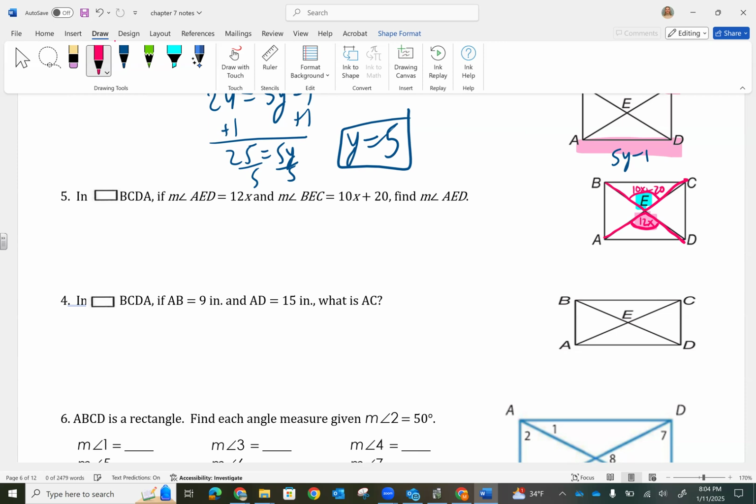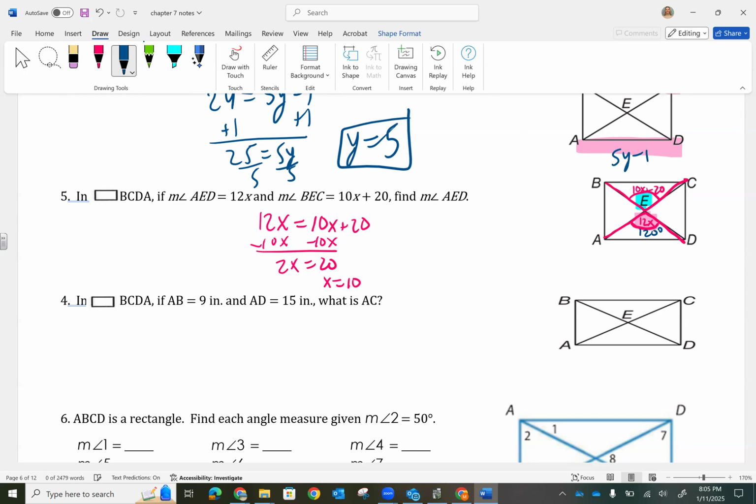So find the measure of AED. So let's do 12x. They're vertical angles. So if you minus 10x from both sides, get 2x is equal to 20. Divide by 2, you get x equals 10. So if you plug that back in, that means 12 times 10 is 120 degrees.